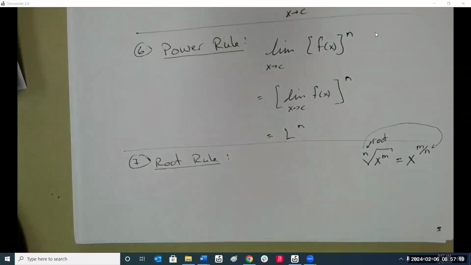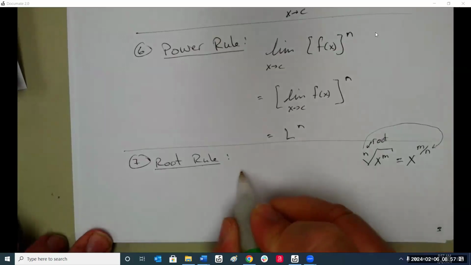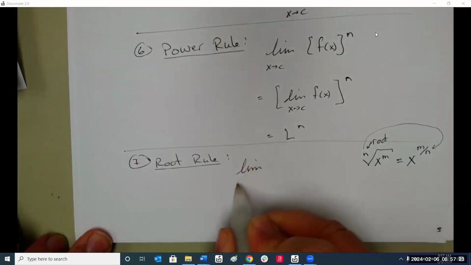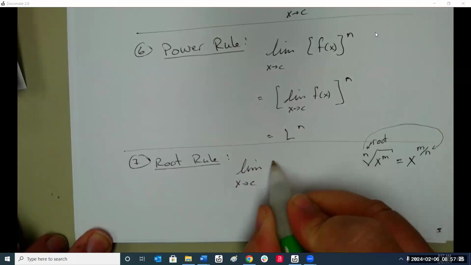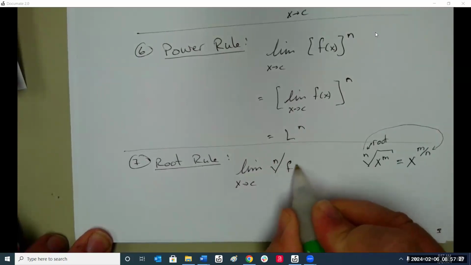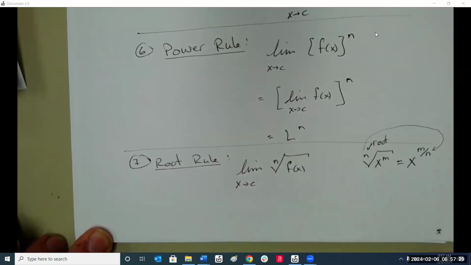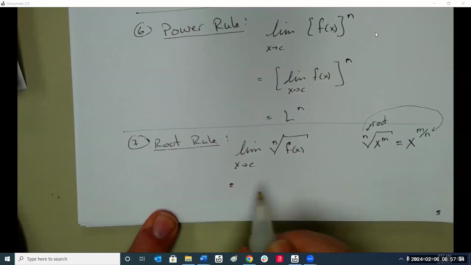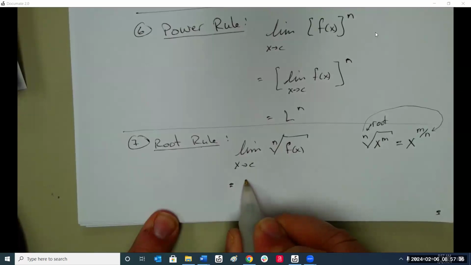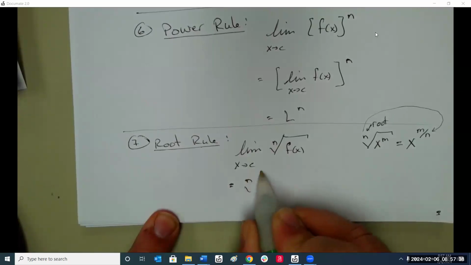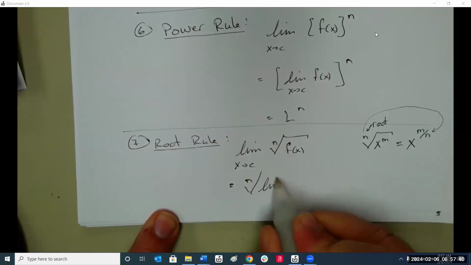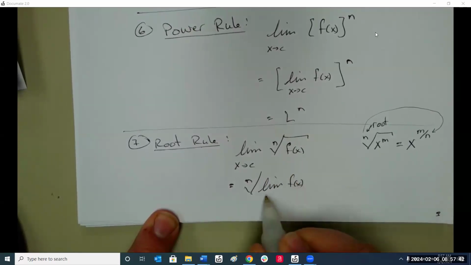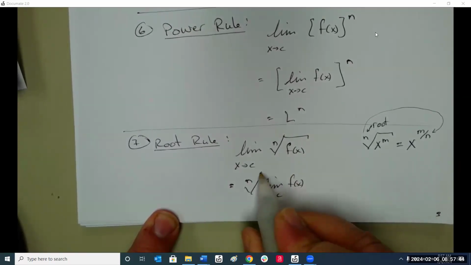So that's the transformation we can use. So what this one says is if I take the limit as x approaches c of the root power of some function, I could treat them both separately.